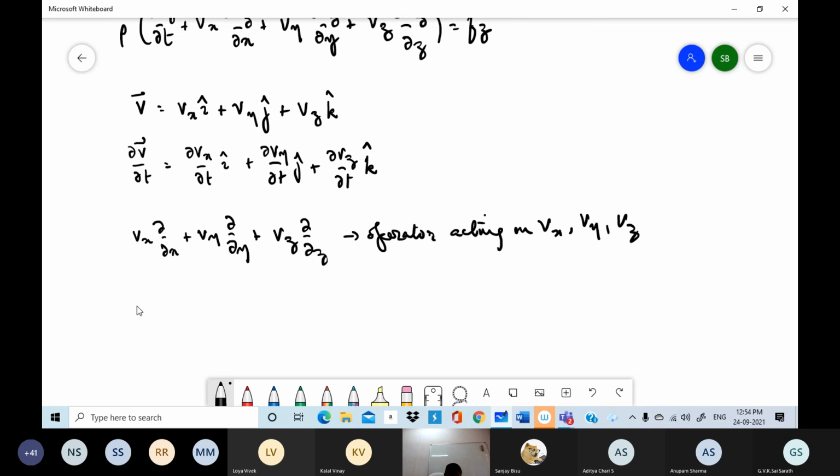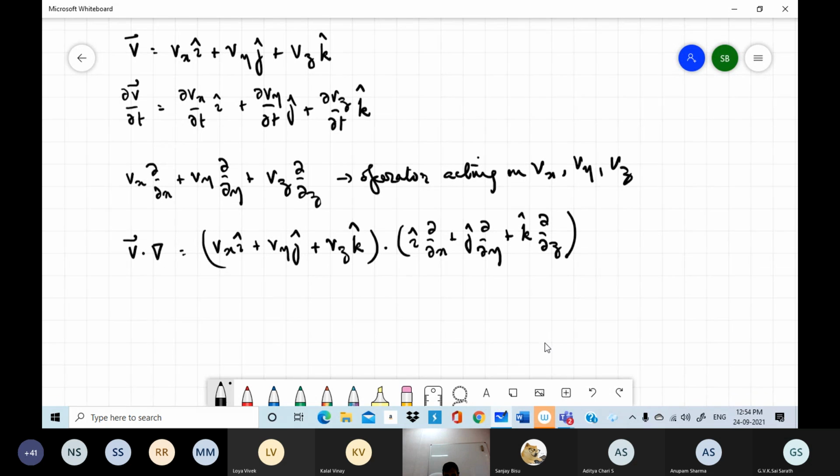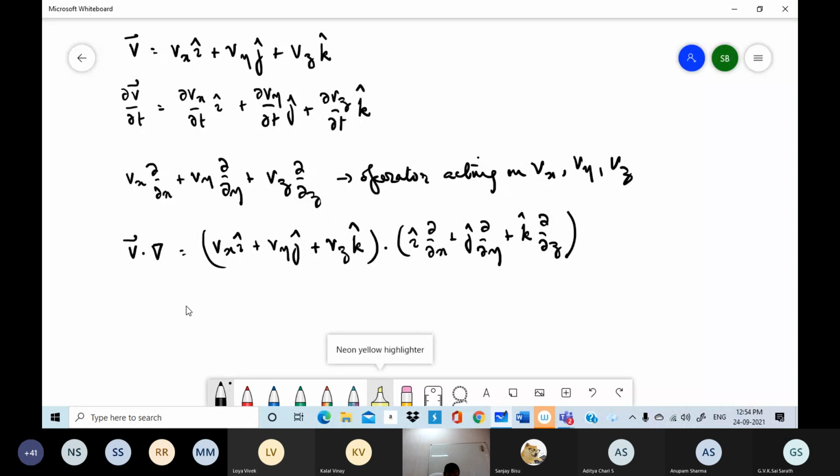So then let me consider the operator v dot grad. So this is Vx i plus Vy j plus Vz k dot the gradient operator, which is this. So then the dot product would be a scalar operator.